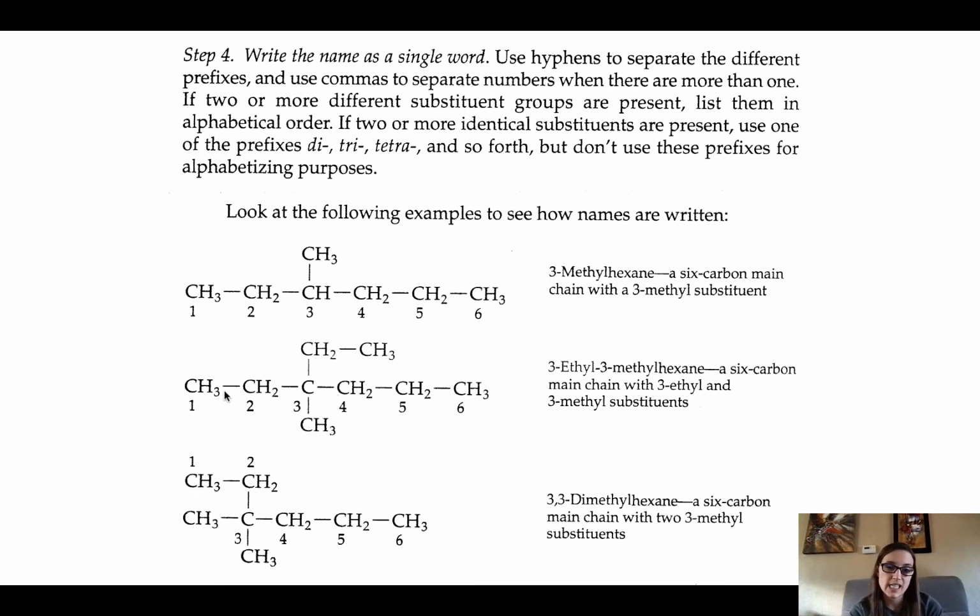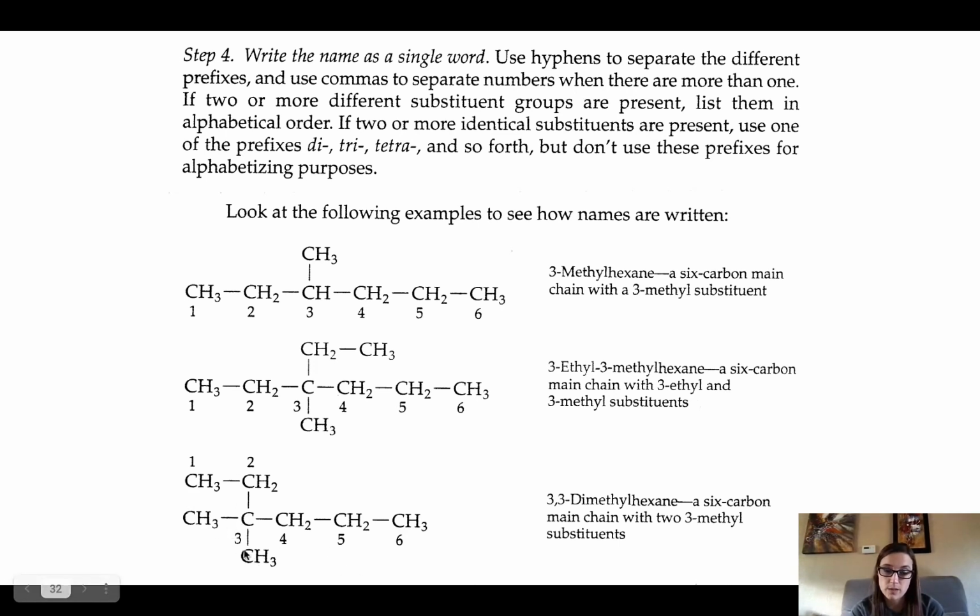For this second example that we looked at before, there was a 3. Notice it's 3-ethyl-3-methylhexane. Ethyl comes first because it is alphabetized. And then if we have this third example, numbering 1 through 6, we have 3, right?